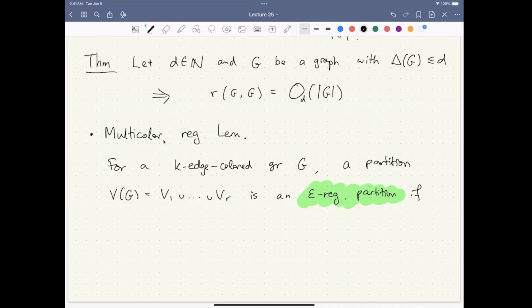They could differ by up to 1. So for all i, j, their sizes differ by at most 1.